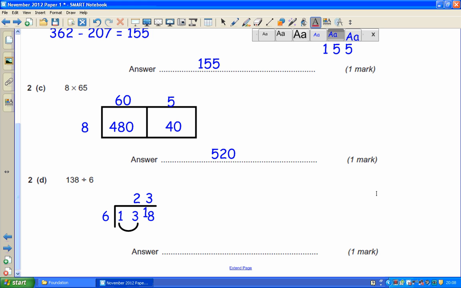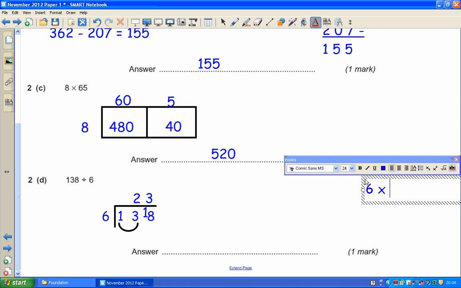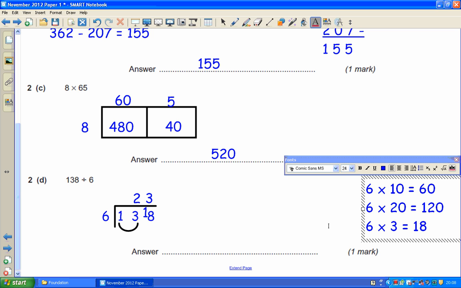Another way you could have done it is you could have said, well, 6 times 10 is 60, so 6 times 20 is 120, and we need 138, so we need another 18 more. So 6 times 3 is 18.